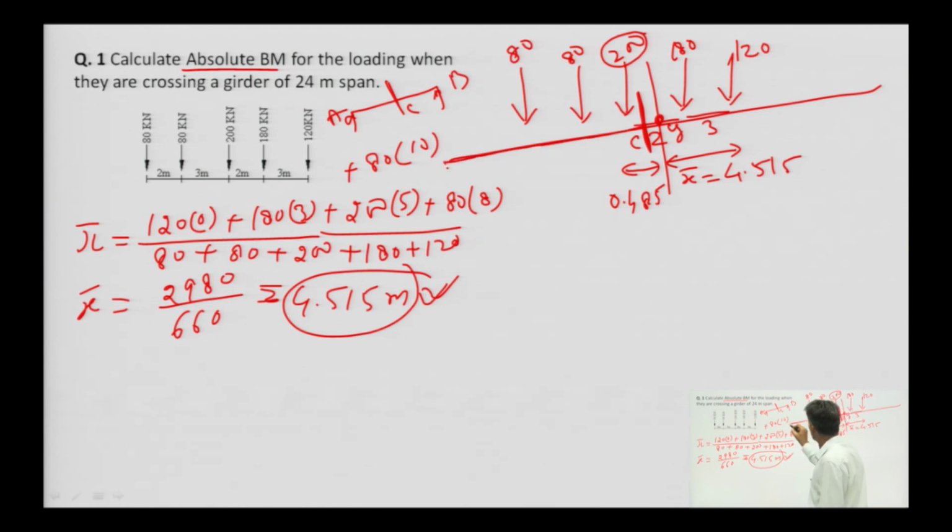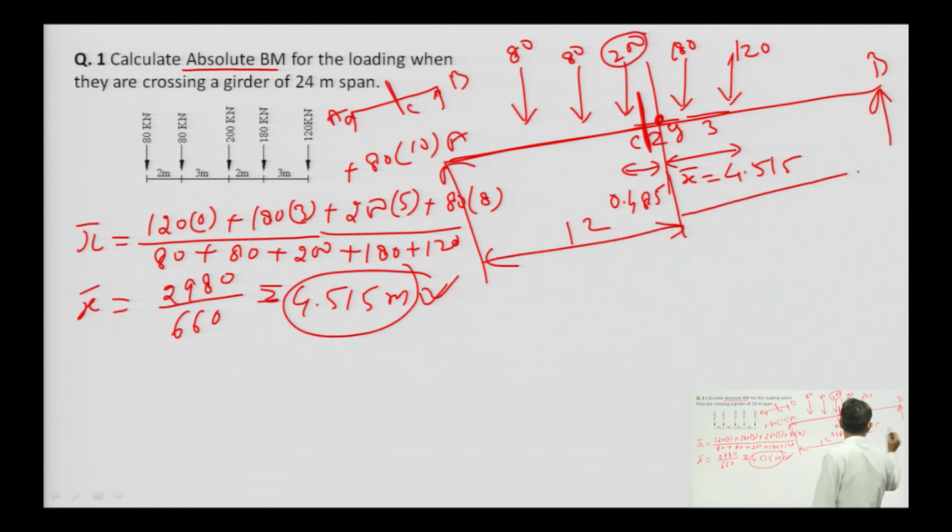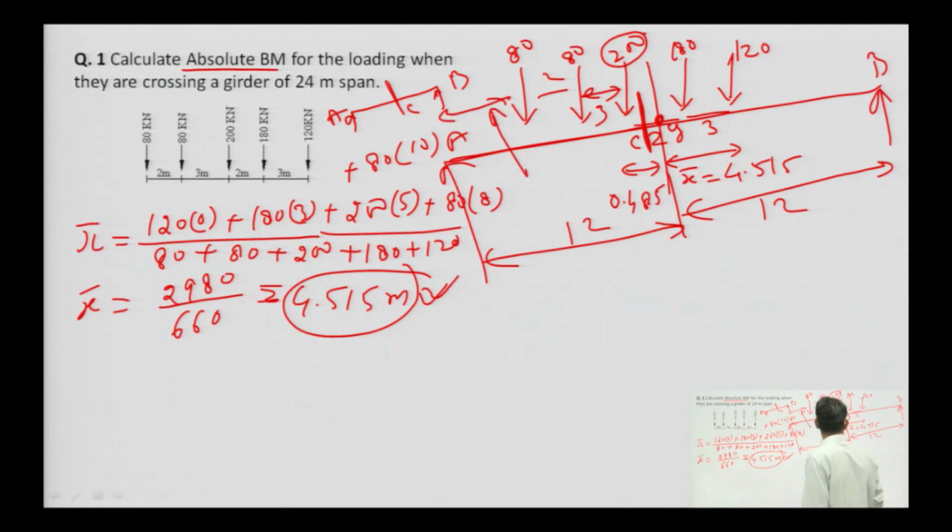If this is A and this is B, then this distance should be 12 and this one will be 12. Since this is 0.485, and we know that distance is 3 and 2, that distance can be calculated. Similarly, this distance is 1.515, and then that distance can be calculated.